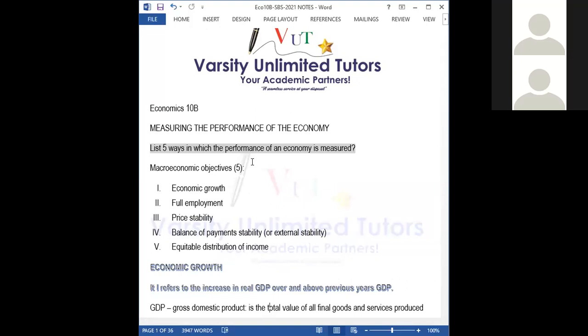We also have price stability. We have balance of payment stability, as well as equitable distribution of income and wealth. So all of these 5 metrics are the measures that help us understand whether an economy is underperforming, or overperforming, or it is just performing on an average level.